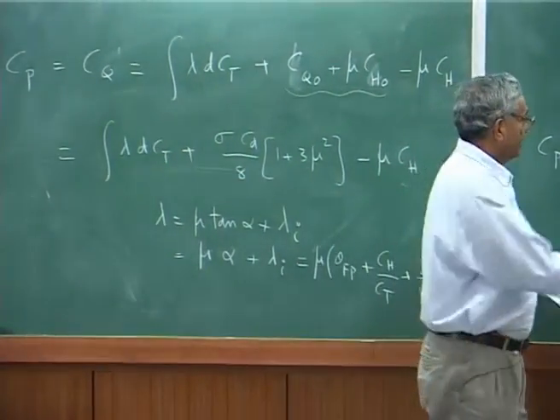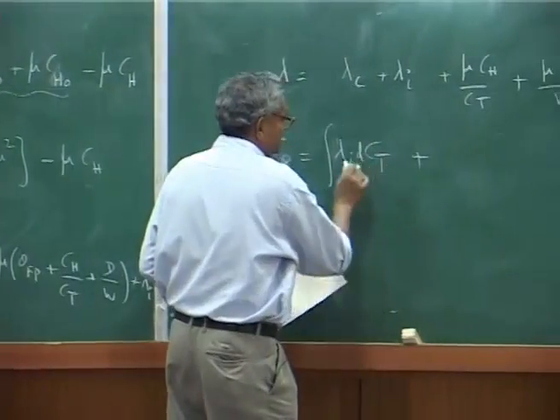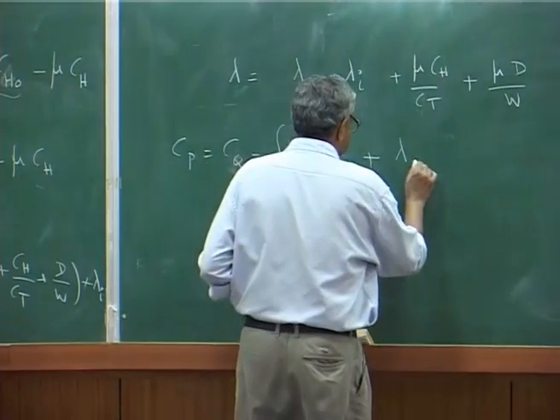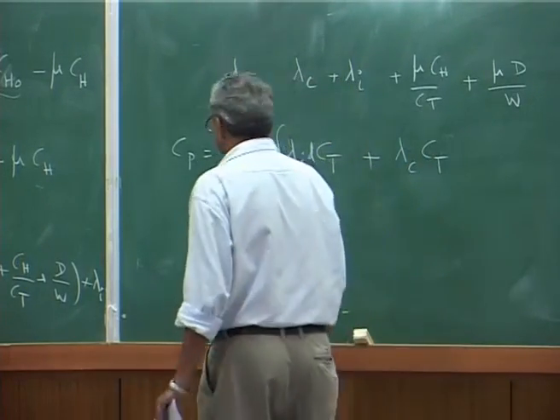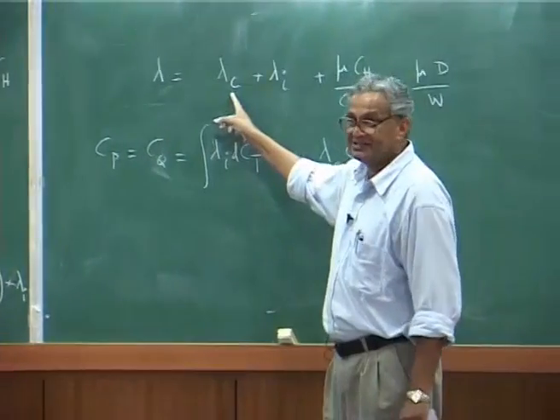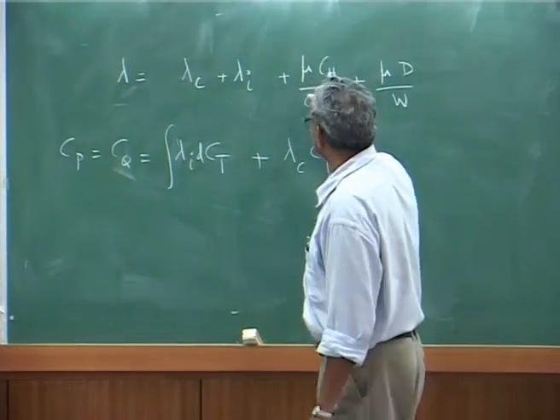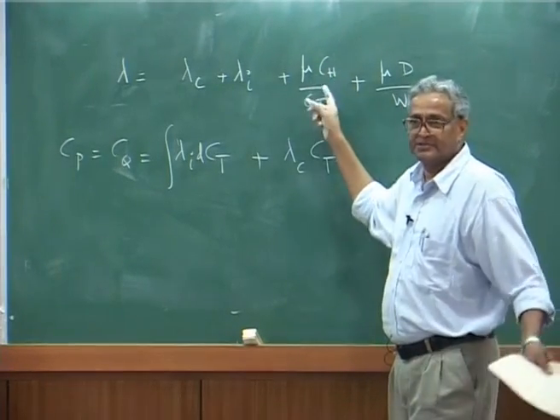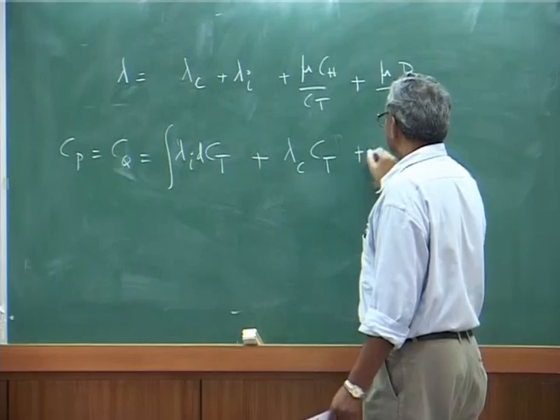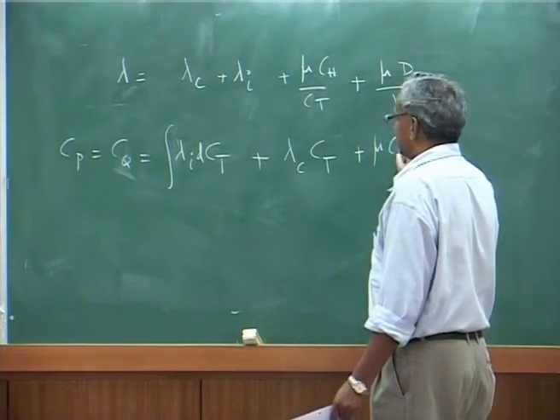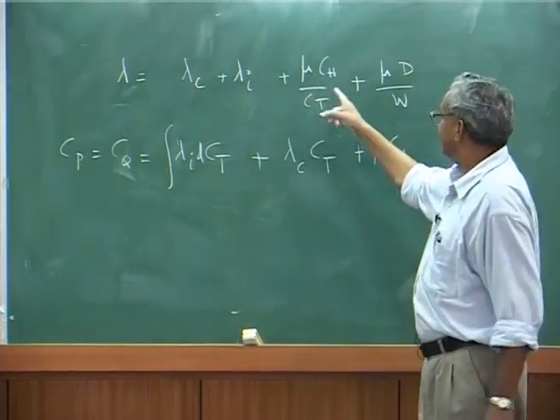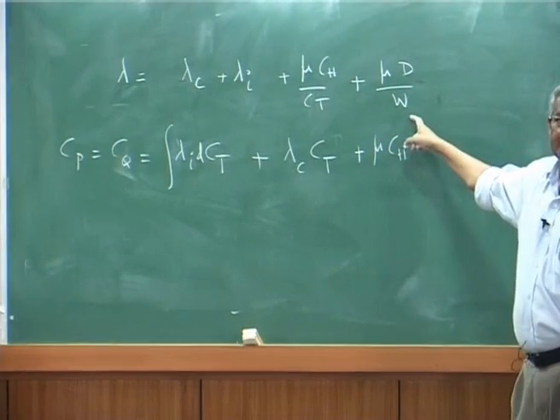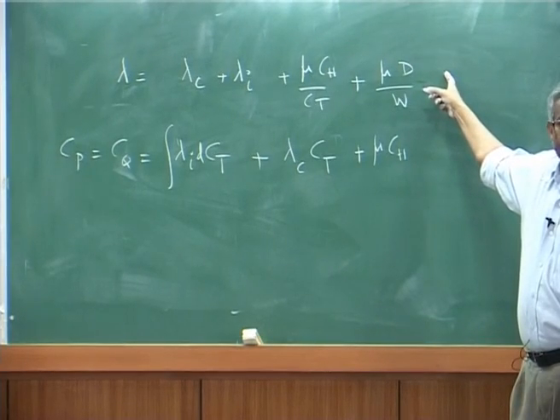In which case I can put lambda_i Ct separately, but lambda_c Ct, this is a constant, then I will have mu Ch, that is anyway a coefficient. So Ct and Ct will go off, plus you will have mu Ch, then this will be, that is again mu d over W, and you will have a Ct.